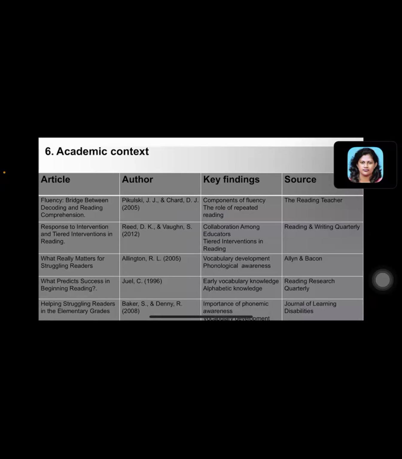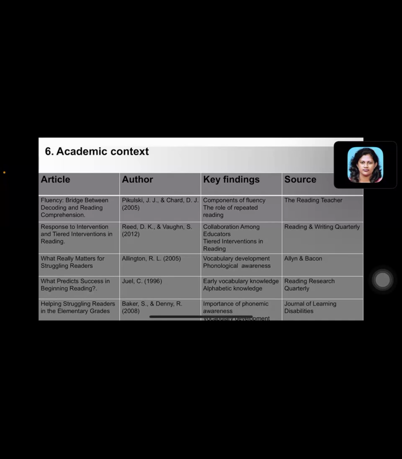this is the article, Fluency: Bridge Between Decoding and Reading Comprehension. So I saw the components of fluency, the key findings, the role of repeated reading. If we repeat some passage again and again, we can find the difference between the first reading and the multiple readings.